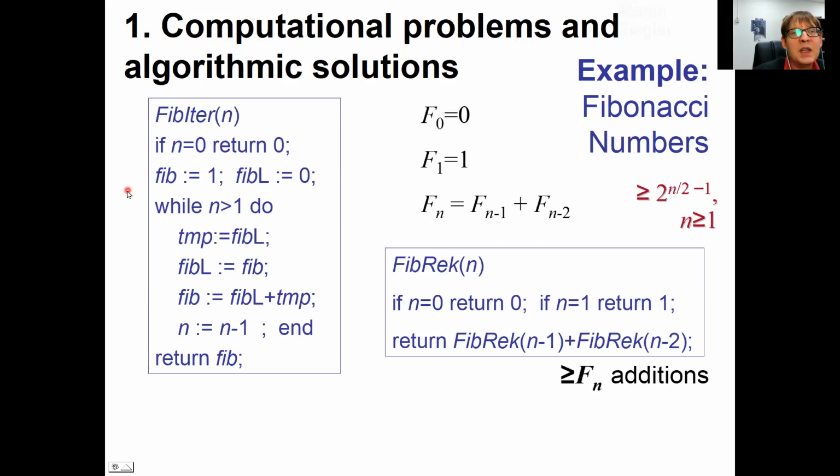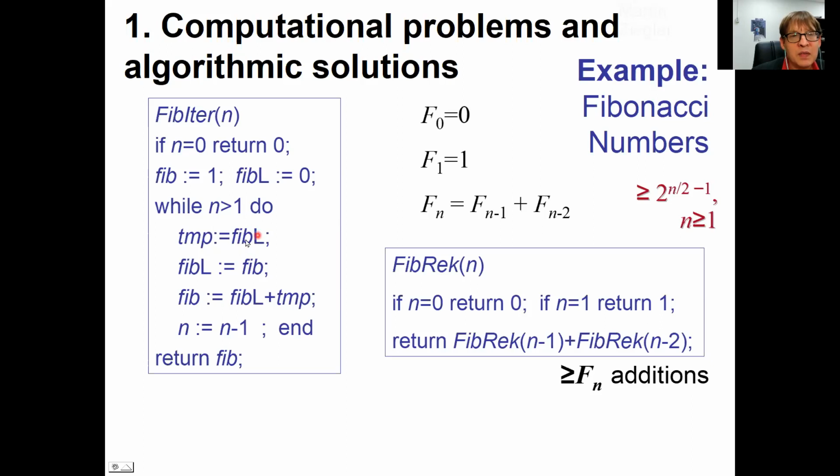Let's call this the iterative Fibonacci algorithm, as opposed to the recursive one. The iterative Fibonacci algorithm maintains variables which store the previous two Fibonacci numbers that the algorithm has calculated. That's also more memory efficient than maintaining an array of all previous Fibonacci numbers. Only the previous two are needed according to this defining equality.